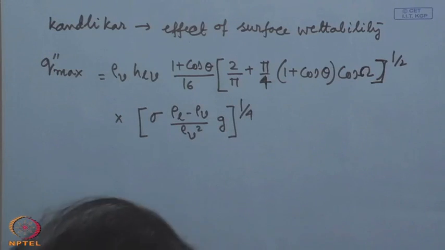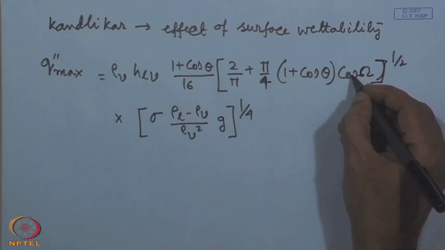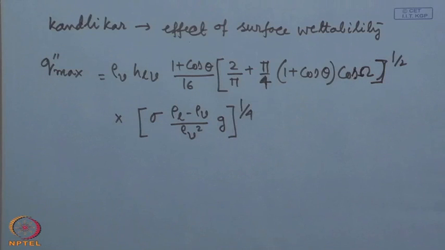So, this is a lengthy expression. It is not a correlation, it is a lengthy expression, but one can make it shorter if we take the ratio of q max double prime to q max z double prime. Here theta is the contact angle, and there is another parameter which has been incorporated, that is this capital omega.